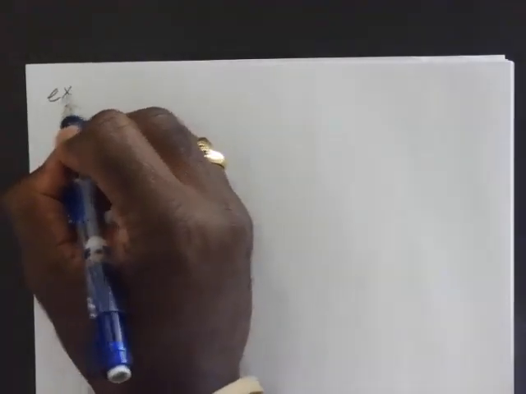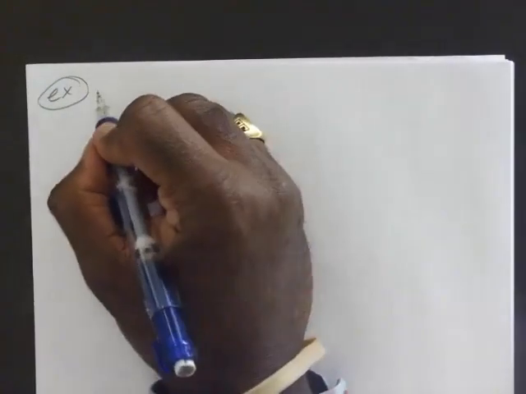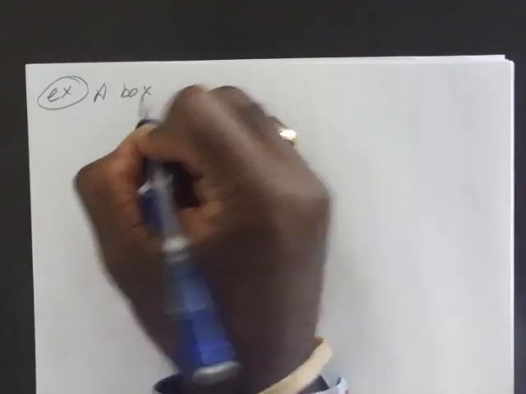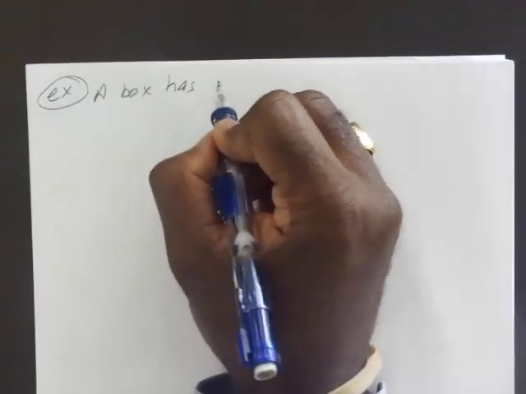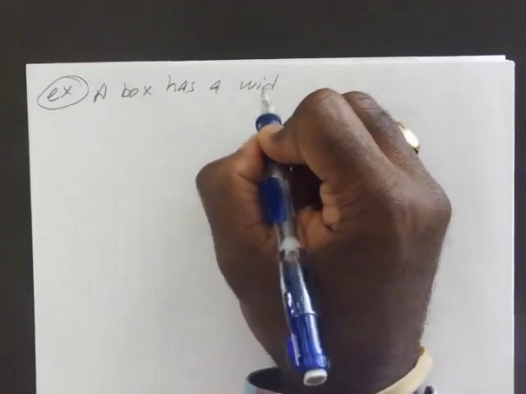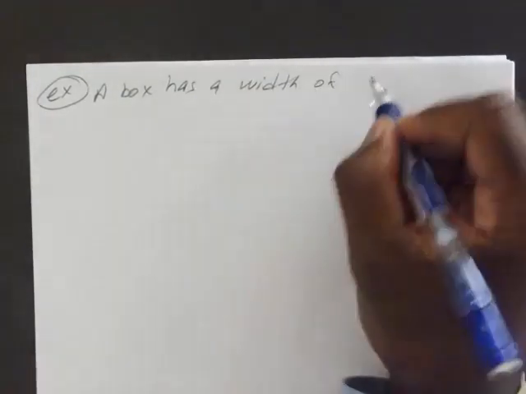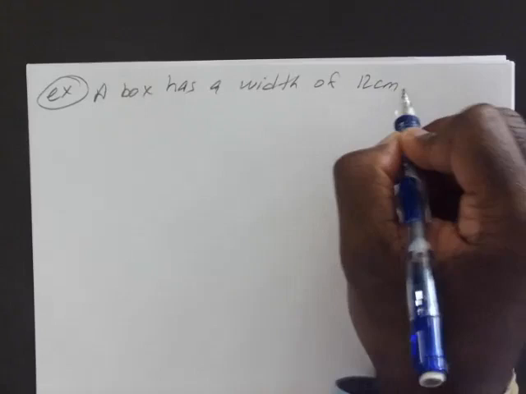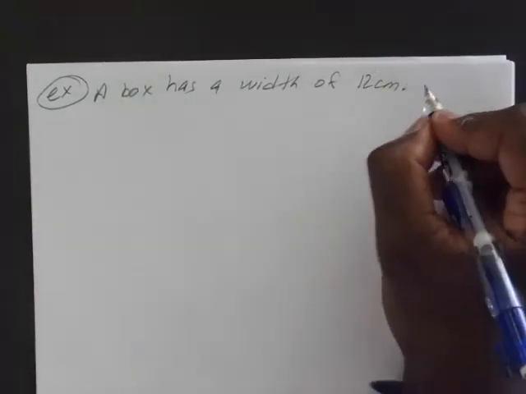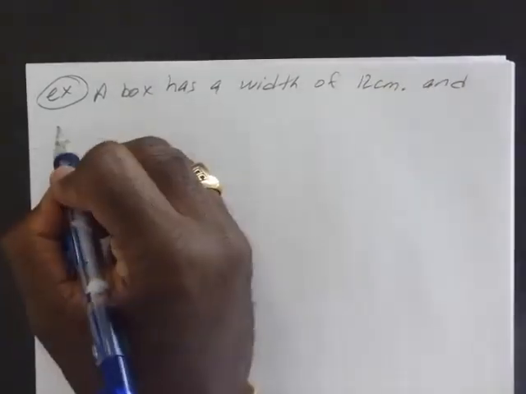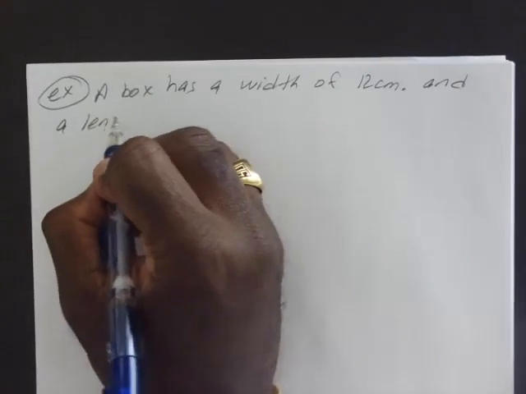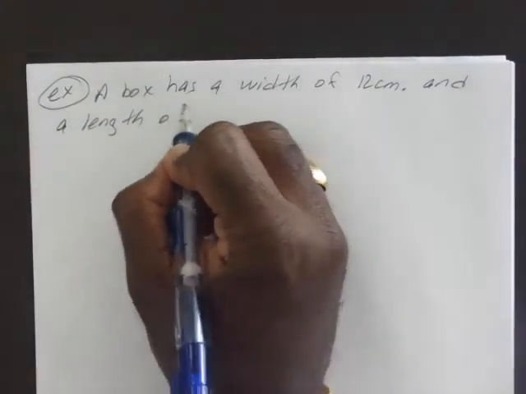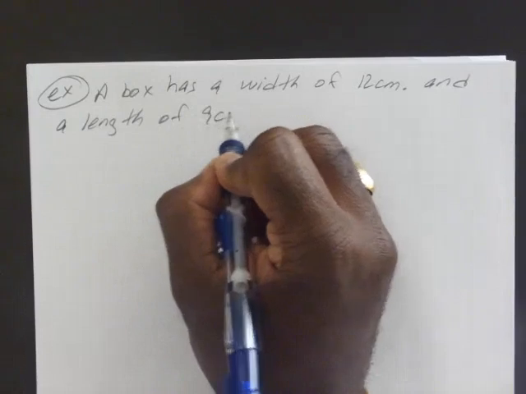There we go. So let's say for this one, you know that a box has a width of 12 centimeters and a length of 9 centimeters.